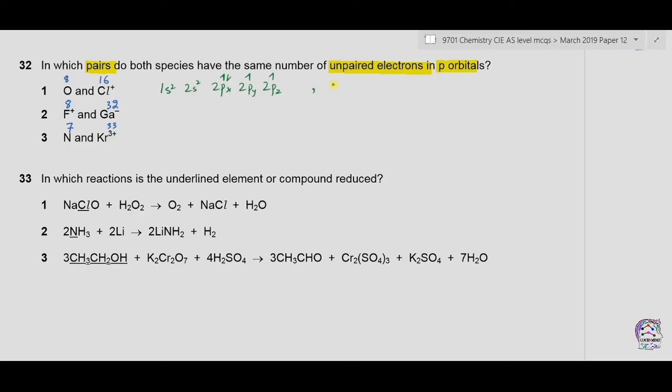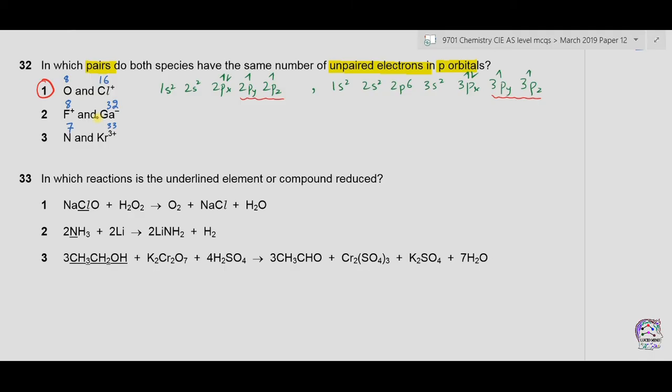For Cl+ we can write 1s2, 2s2, 2p6, 3s2, 3px, 3py, 3pz. Now putting electrons, we have 12 electrons already filled and 4 electrons are left. So 1, 2, 3, and then the pairing starts at 4. Now in the oxygen atom we can see that in the 2p orbital we have 2 unpaired electrons. In Cl+ we also have 2 unpaired electrons present. So option 1 is correct.